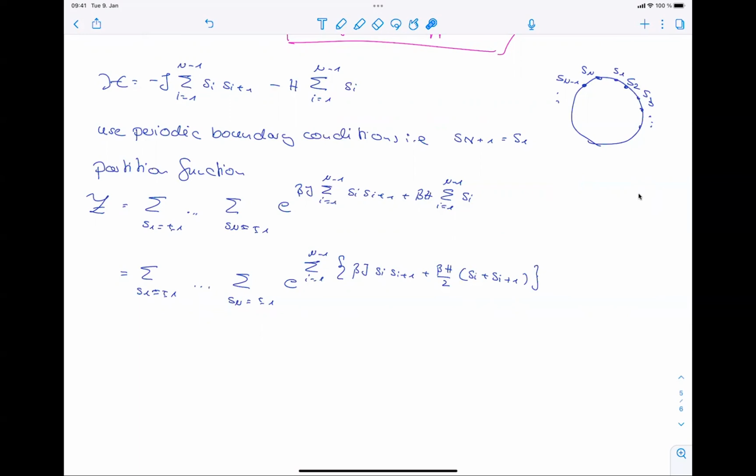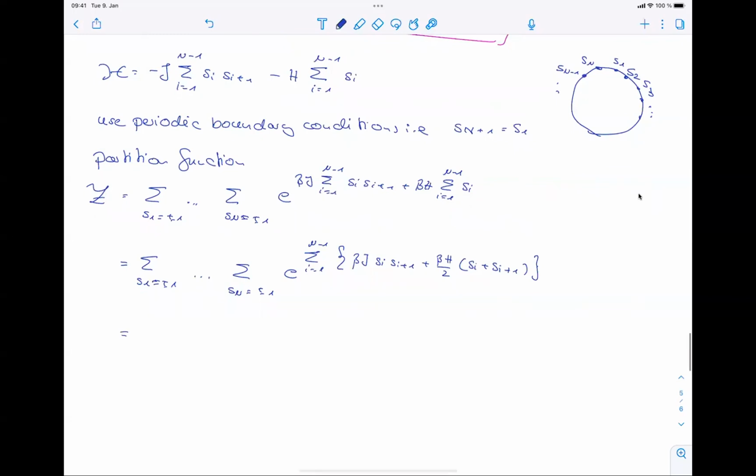And an efficient visualization of this is to write this as a matrix product of, in this case, a 2 by 2 matrix. I'm going to define it in a bit.